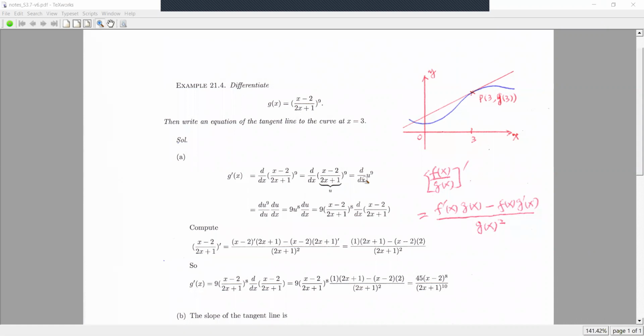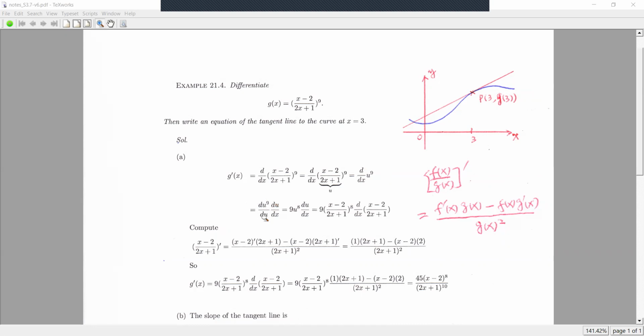It is u to the ninth. Now compute this derivative. Because u and x are different, I use the chain rule here. I insert du in the denominator and put a du in the numerator. This step is the chain rule.